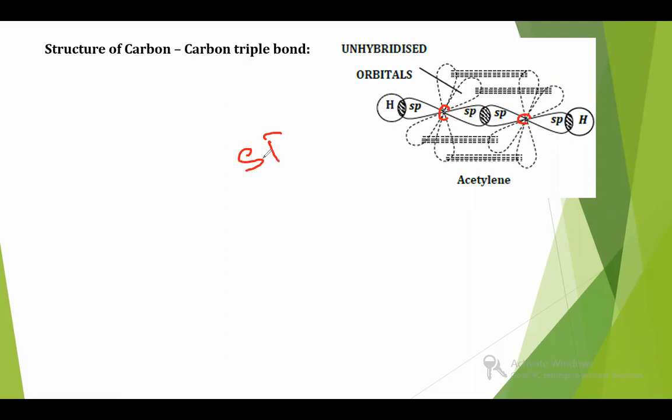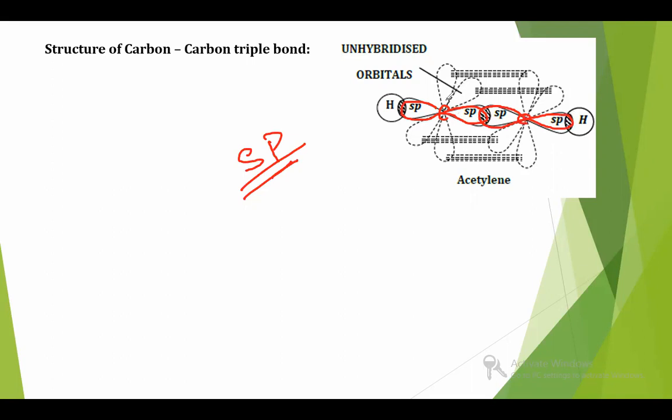One s orbital combined with one p orbital undergoes sp hybridization. Sp hybridization means we get two hybrid orbitals. This is one hybrid orbital, and this is another. Similarly, the other carbon will also have hybrid orbitals.